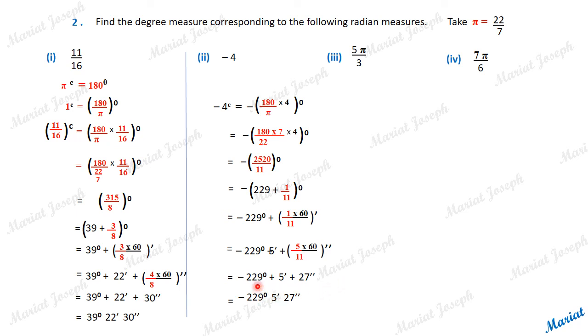So we conclude 229 degree, 5 minutes, 27 seconds is the angle, minus 4 radian. Remember, this minus sign is being maintained till the end. So angle is already minus, negative angle that you maintain. Only the numerical part is being calculated like this.